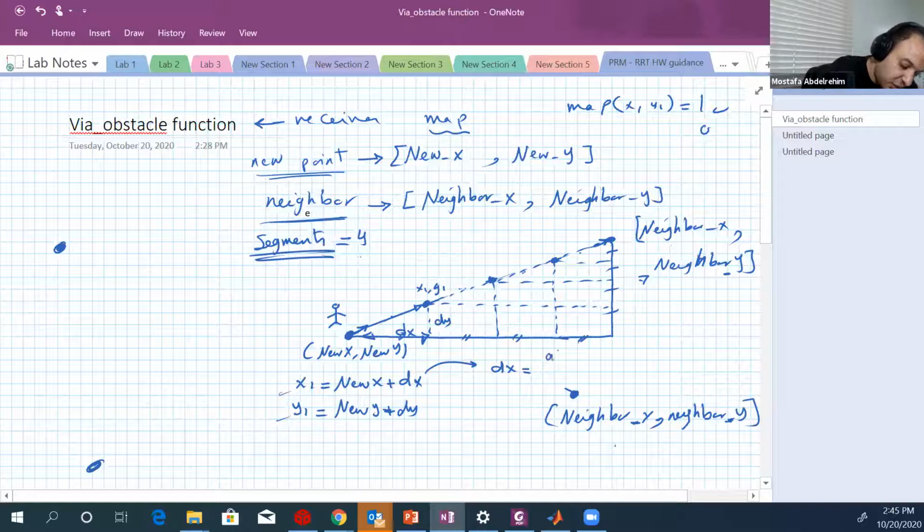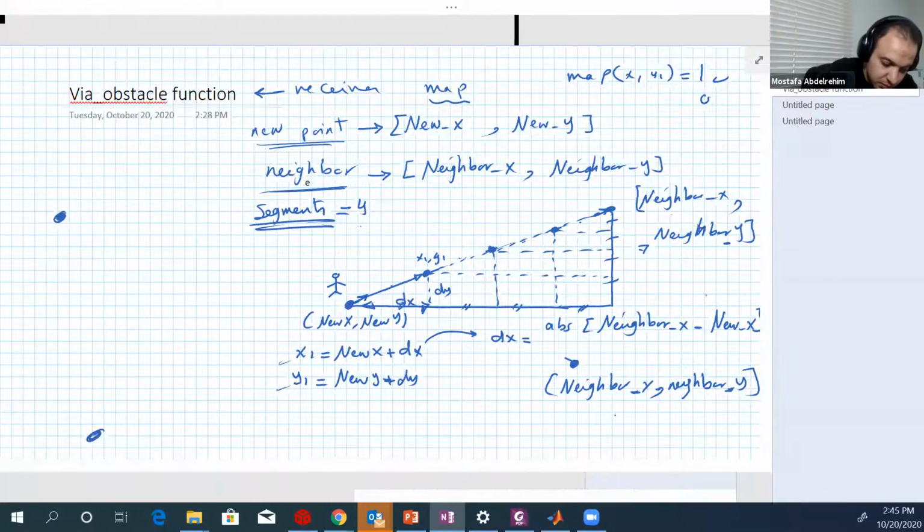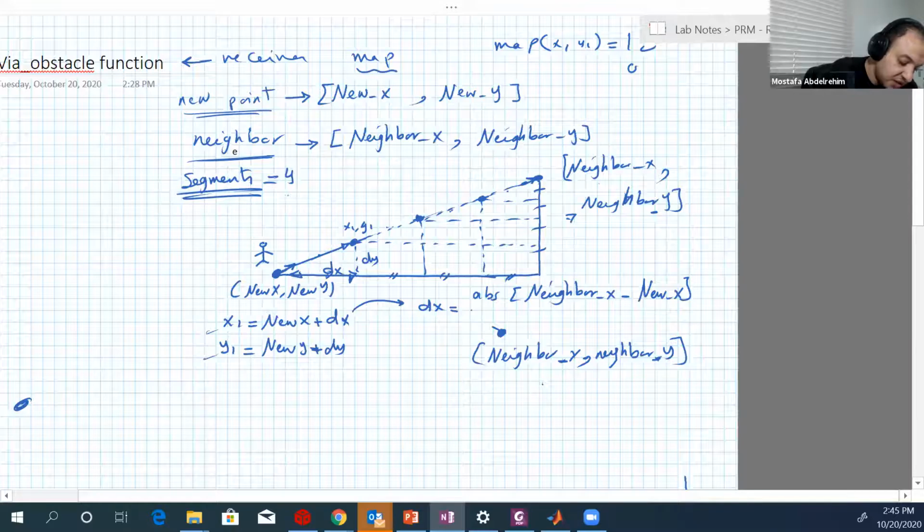Okay, so actually dx is equal to absolute of neighbor x minus new x. This is dx. I'm sorry, divided by segments.